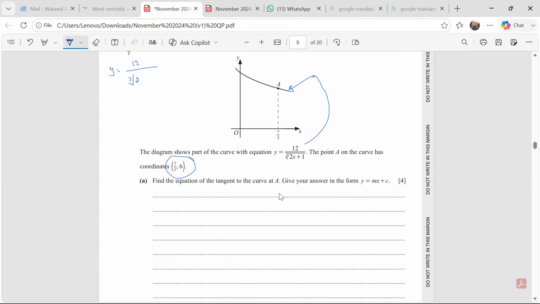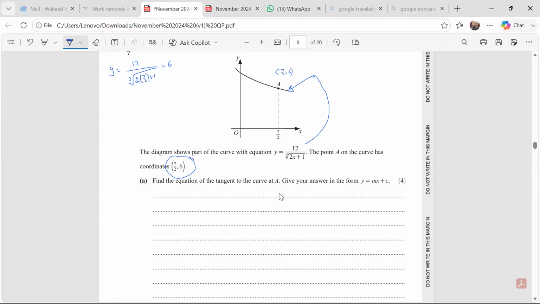So 2 times 7/2 plus 1 becomes 7 plus 1, which is 8. The cubic root of 8 is 2, and 12 over 2 is 6. So yes, when x is 7/2, y is 6, and the coordinates of point A are 7/2 and 6.